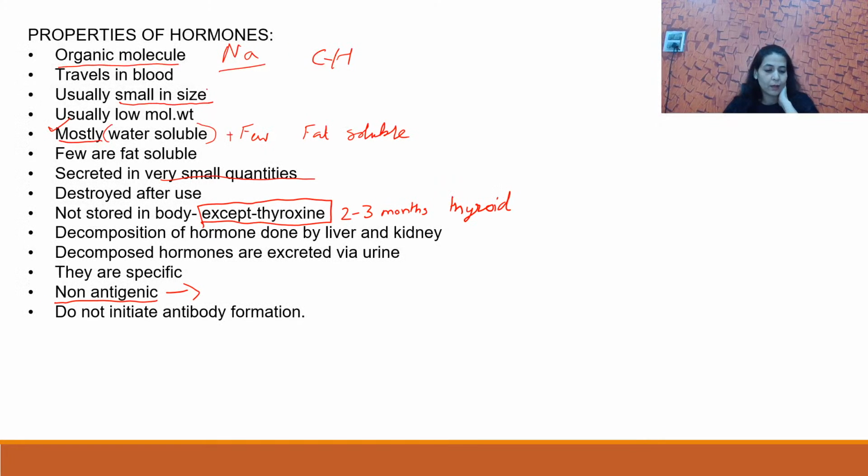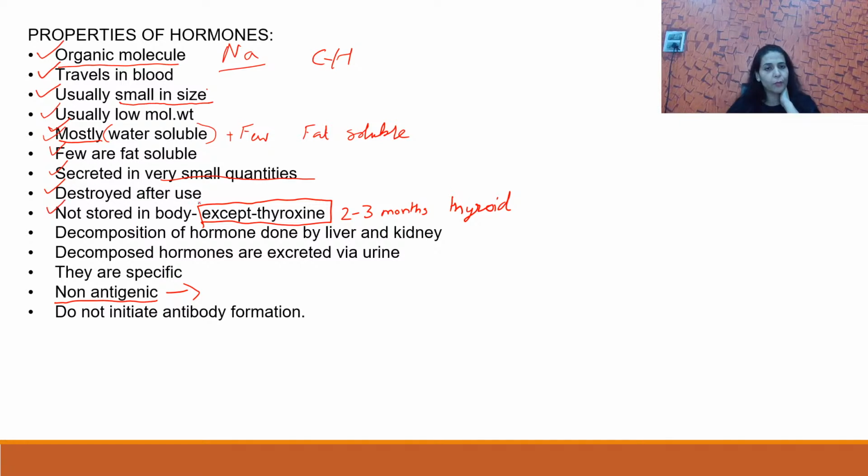Are you all done with this? Any doubt anywhere? Do let me know so that we'll proceed with the next part. They are organic molecules. Yes. They travel in blood. Yes. They are very small in size. Absolutely. Owing to small size, they have a very low molecular weight. They are mostly water soluble, but few are fat soluble. They are secreted in very, very small quantities. They are destroyed after use.